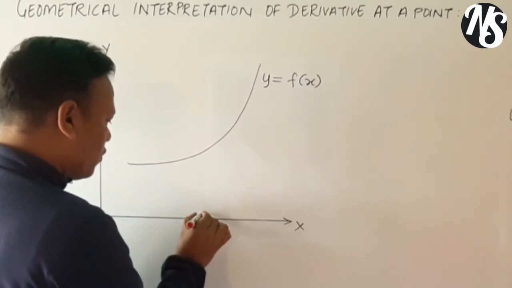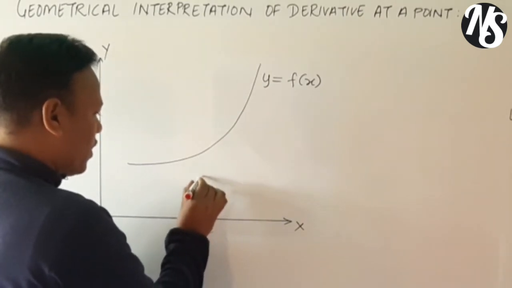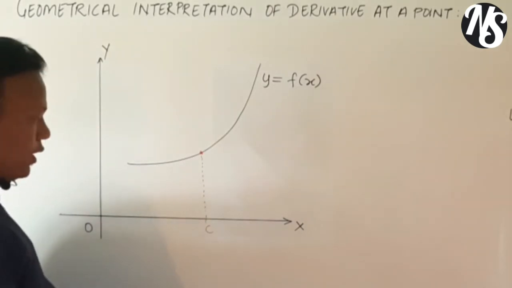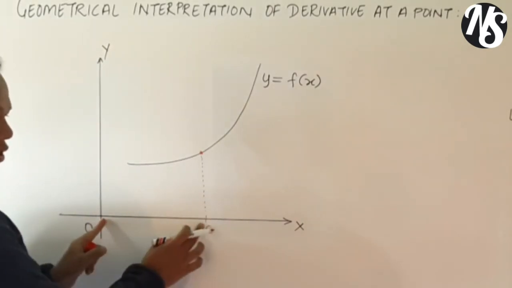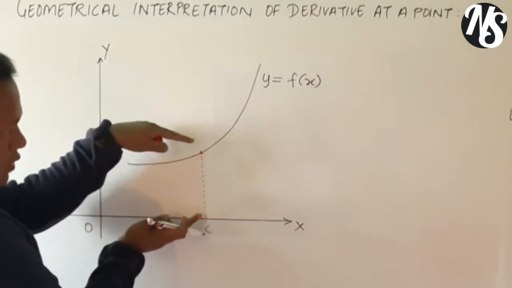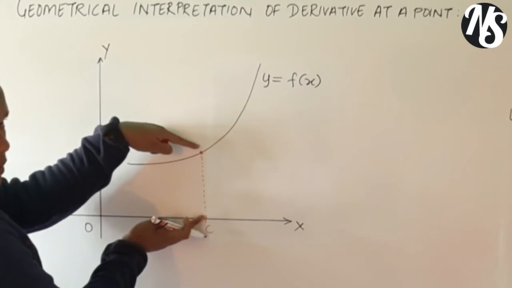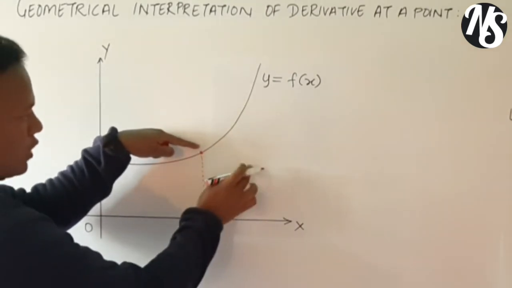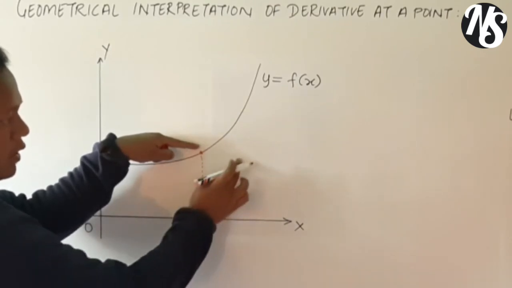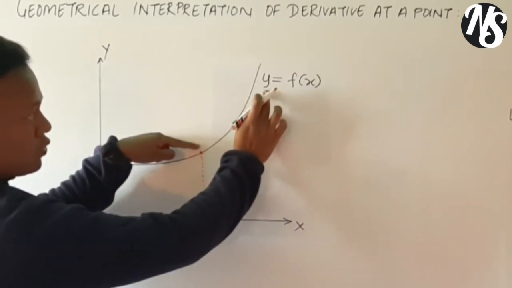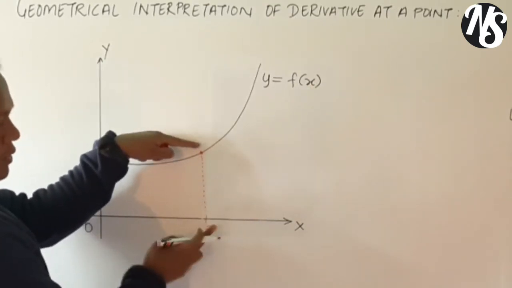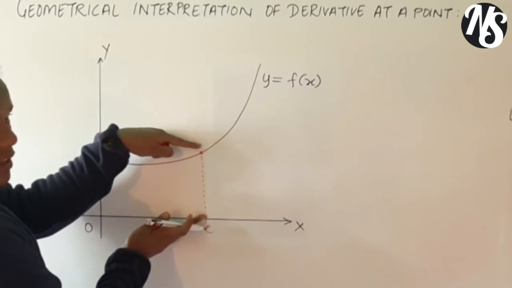If you want to find the coordinates of this, C means from here to here is C. If the value of x is C, then this is the value of y. Because in our coordinates we have x comma y. So the value of x is C. Now the value of y will be how much? y equals f(x), and what is the value of x? x is C. That means the value of y, that means this height, is how much?